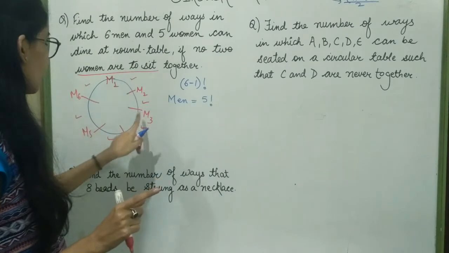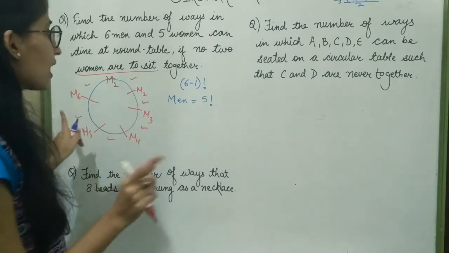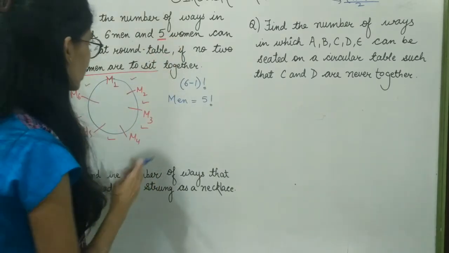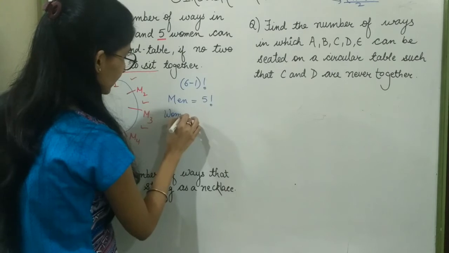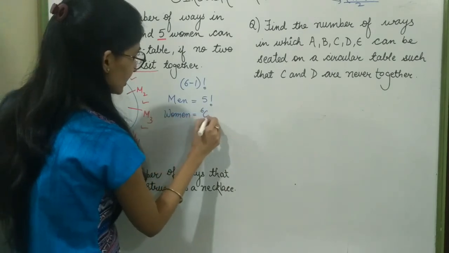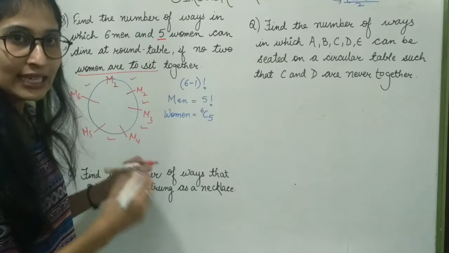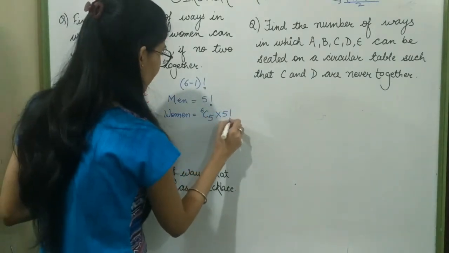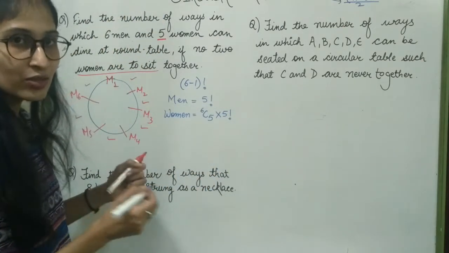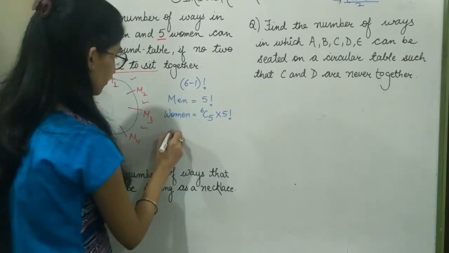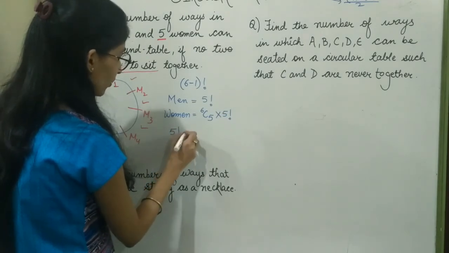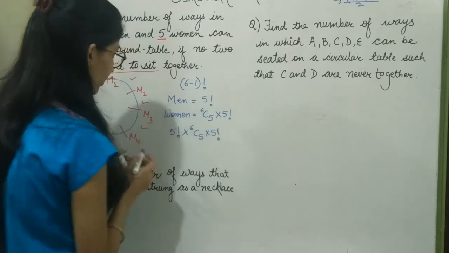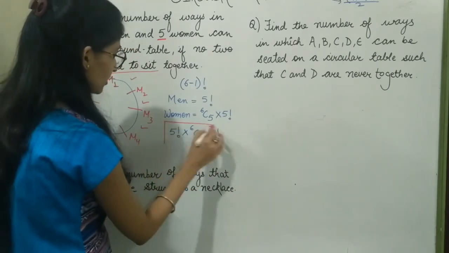So total available places are 6 and I have to select for 5 women. So for the women, selection will be 6C5 and the arrangement of 5 will be 5 factorial. So my total possible cases will be 5 factorial multiplied by 6C5 into 5 factorial. This is my answer.